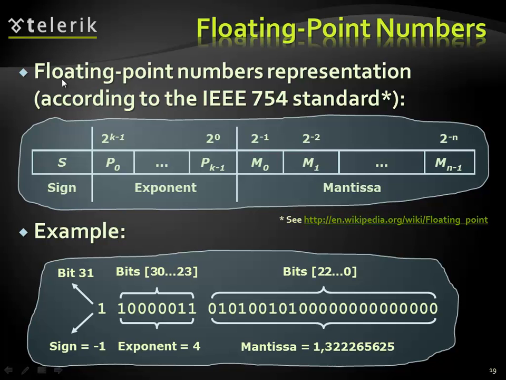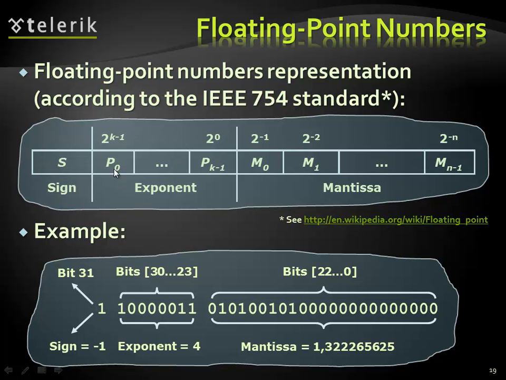The idea is the same in most systems, and this standard only says how and what parts of the number are divided for what. The leftmost bit represents the sign, whether it's a positive or a negative number. Then we have a part called the exponent.